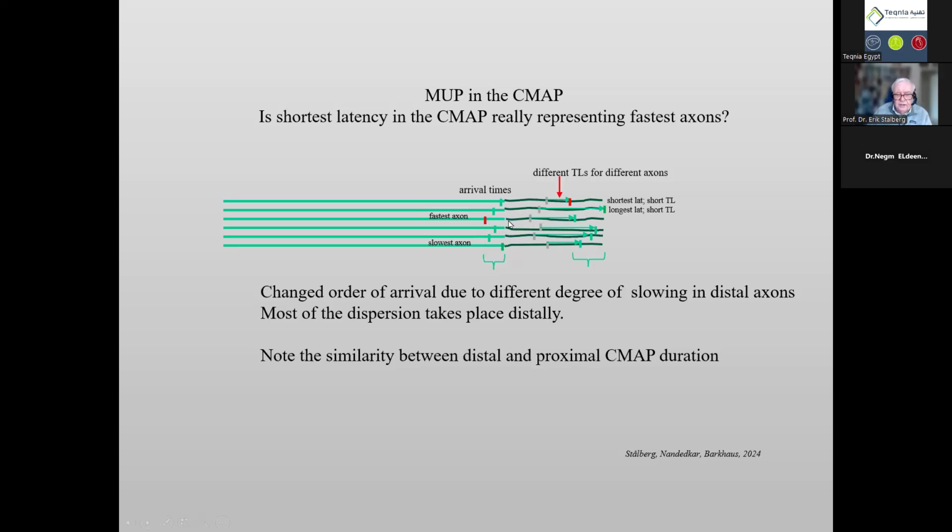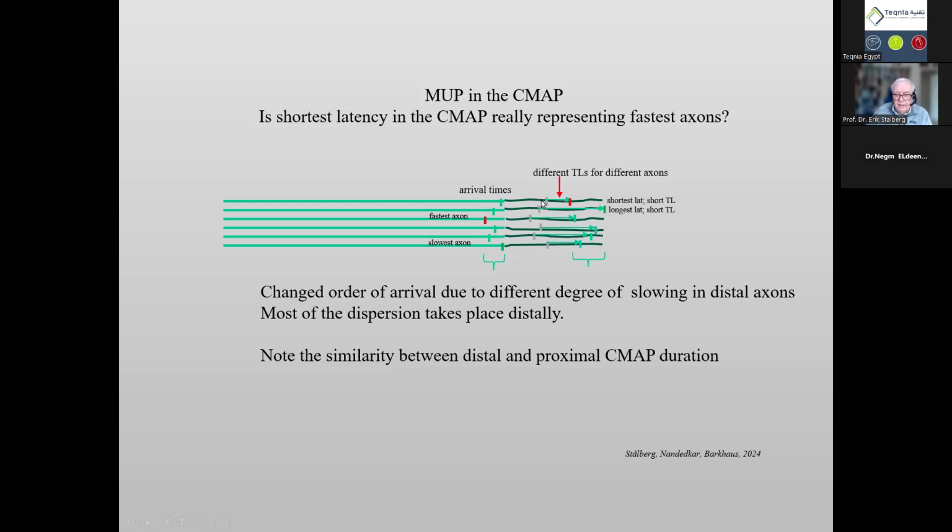So this is the normal expected difference. But when we get inside the muscle, from the wrist to the muscle, then every axon is getting thinner and thinner, and they start to conduct not with 50 meter, but 20 meter or 10 meter, and it's very different.